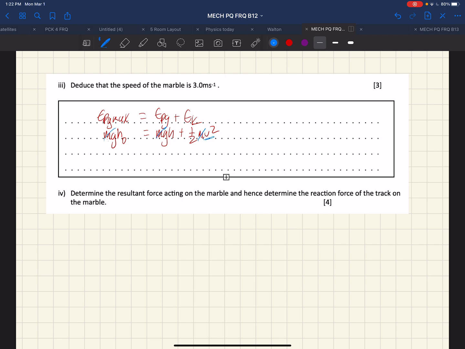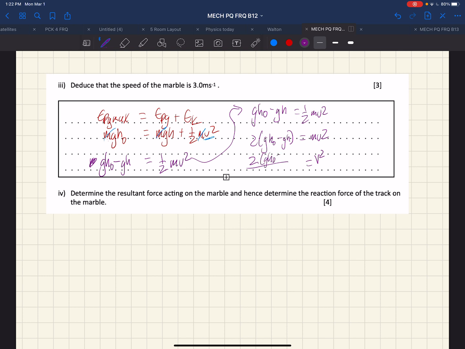And we're trying to find the velocity. So we will do some algebra here. We have gh0 minus gh equals 1/2 v squared. So twice g h0 minus gh equals v squared.